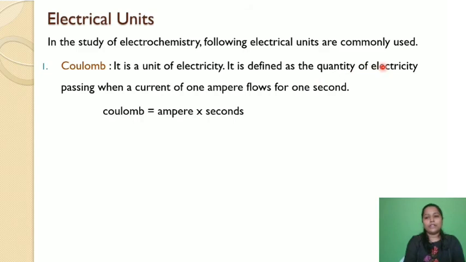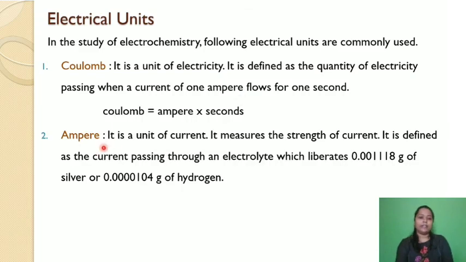It is defined as the quantity of electricity passing when a current of 1 ampere flows for 1 second. Therefore coulomb is equal to ampere into second.